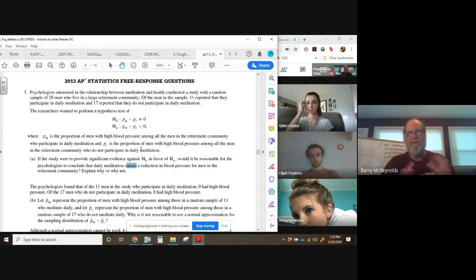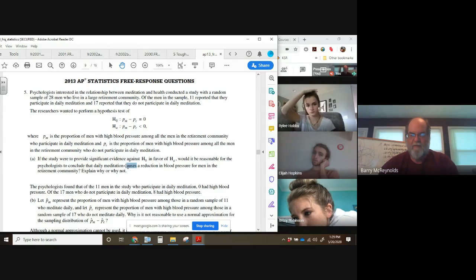Under normal circumstances, you could go into a retirement community and ask the people who are sitting in the dining hall, would you like to participate in a study? And you ask them a few questions. You could get valid data, but you can't draw an inference about cause and effect here, because it's just an observational study.